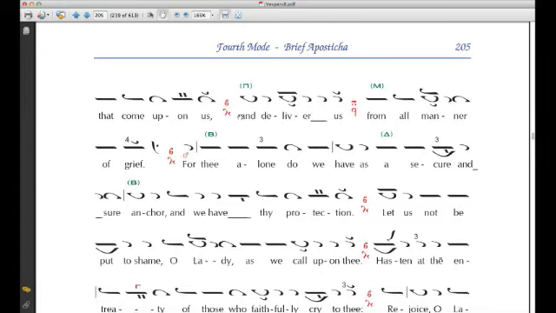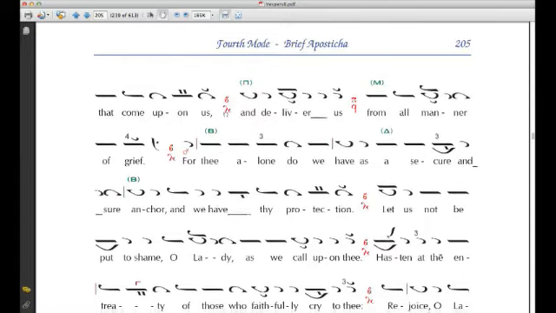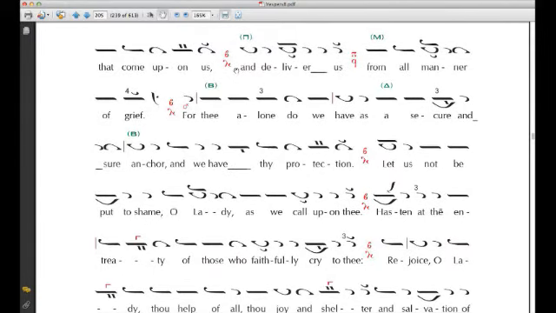Let us not be put to shame, O Lady, as we call upon thee. Hasten at the entreaty of those who faithfully cry to thee.